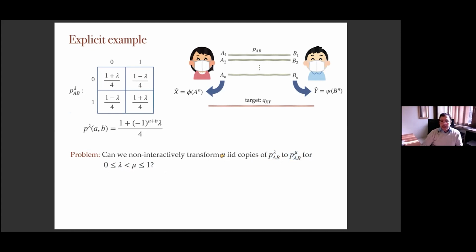I have n IID copies of the source, P of lambda, for which lambda is smaller, and I want to generate only a single copy of mu. The question is whether it's possible or not. And as you see, for general values of lambda and mu, there is no zero probability. So the argument that I had in the previous slide doesn't work.